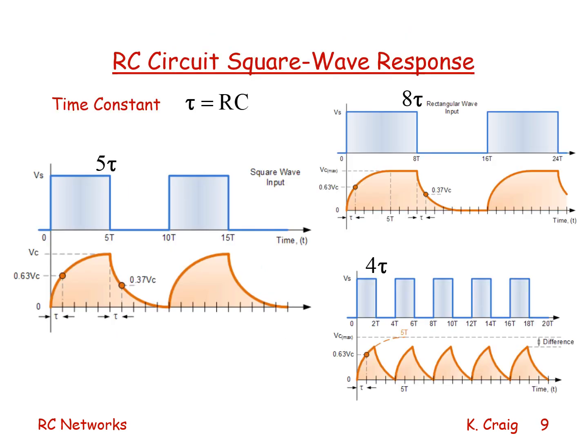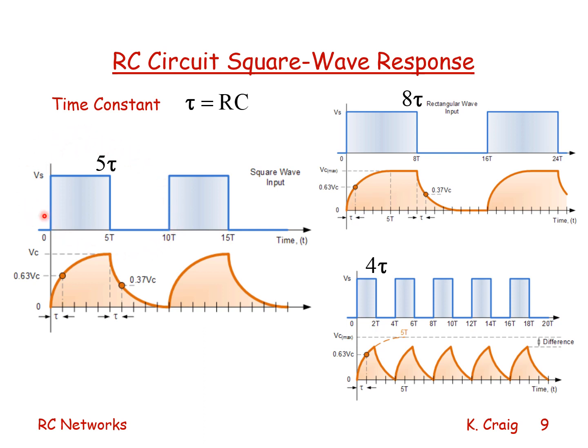Now here we see the response of my RC circuit to a square wave input. If I input a square wave, and the square wave has a period of 10 time constants, meaning that it goes up, over, down, over, and this is one cycle.